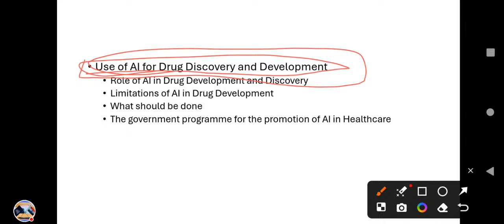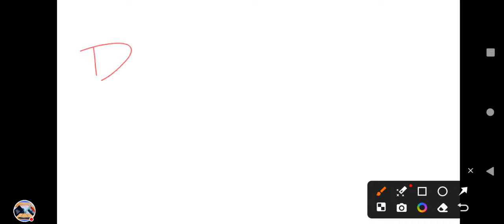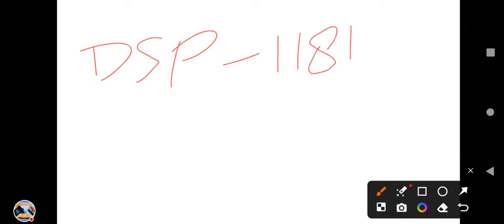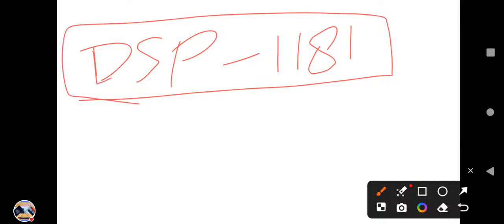So what new drugs have been formulated through artificial intelligence? You can write these medicines in your notes. DSP-1181 is used for obsessive compulsive disorder.